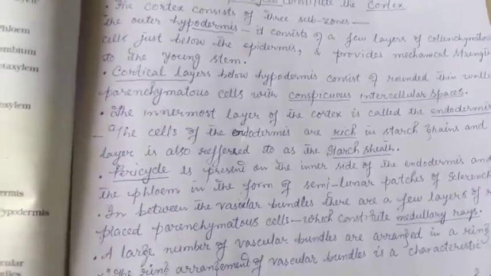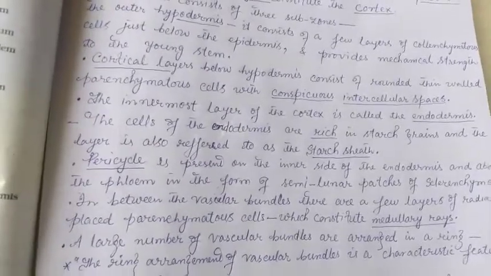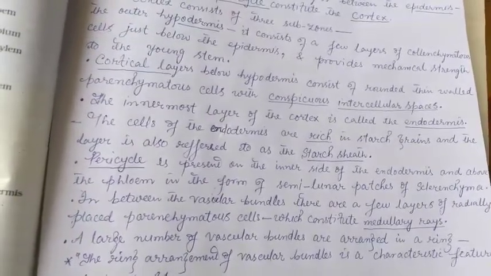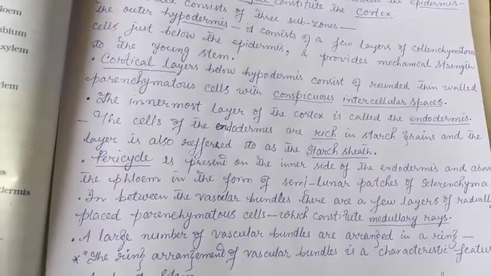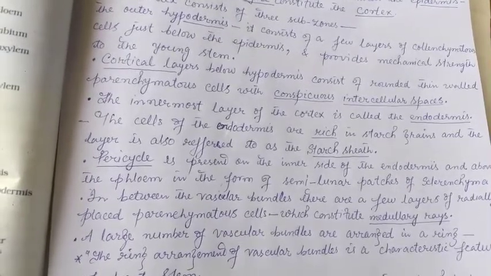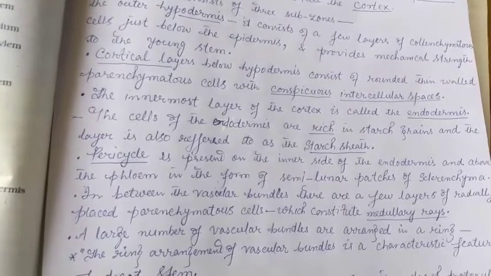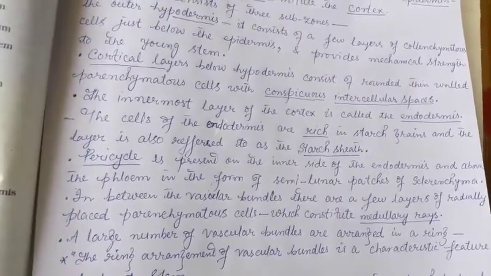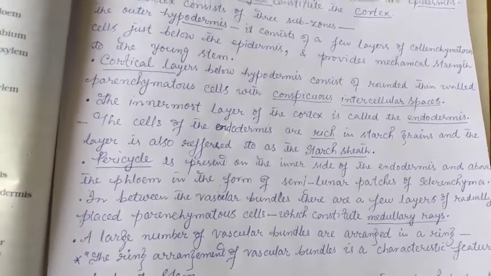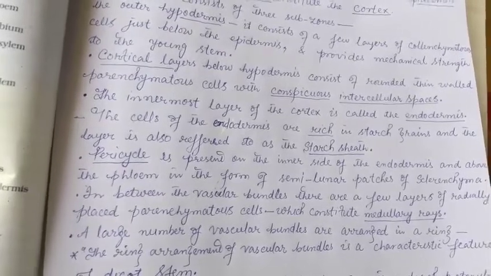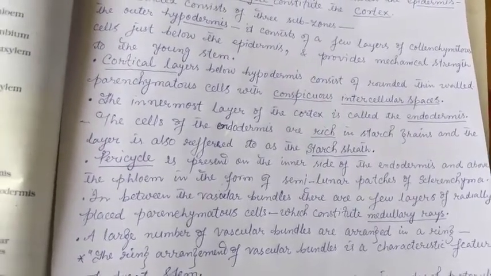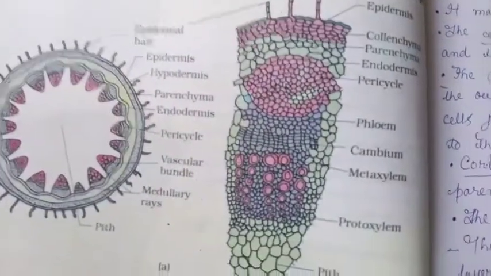And then the pericycle is present on the inner side of the endodermis and above the phloem in the form of semi-lunar patches of sclerenchyma. In between the vascular bundles, there are a few layers of radially placed parenchymatous cells which constitute the medullary rays.